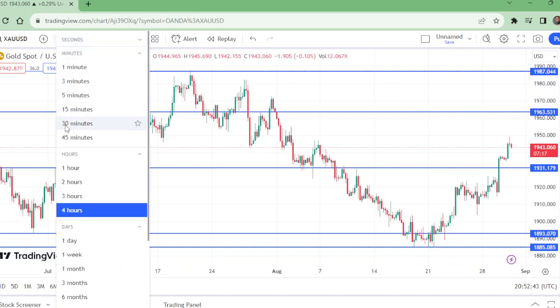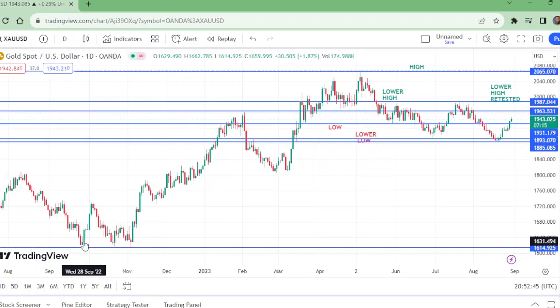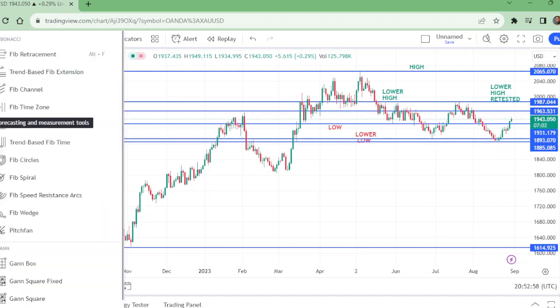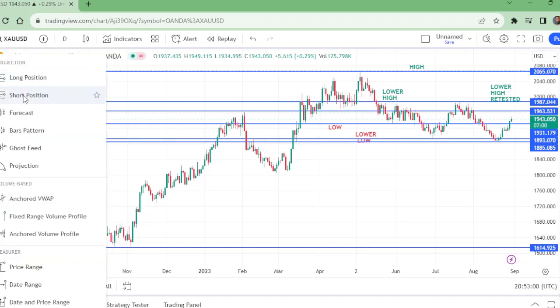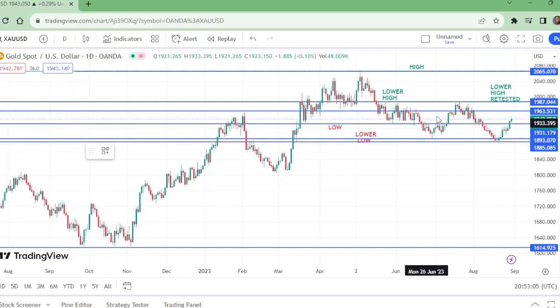Now let us move to the daily time frame for putting the short position, and it will depend on the news on both of the days, but we are following the current market setup.